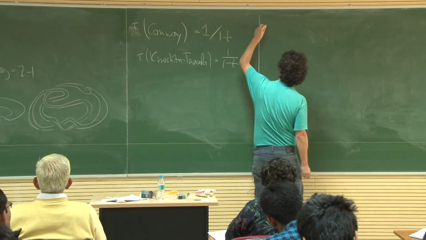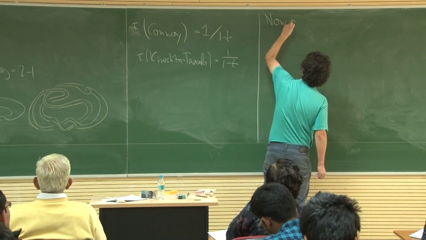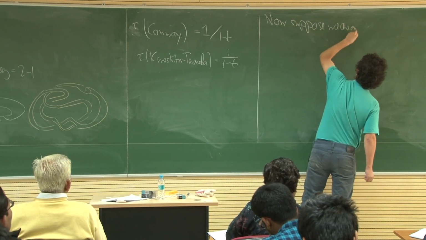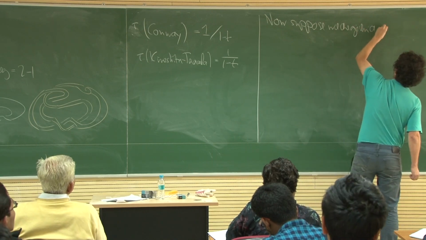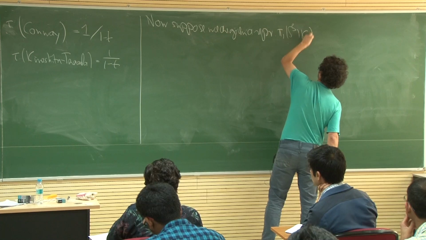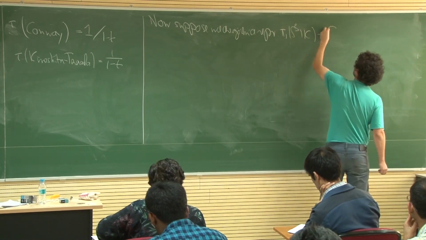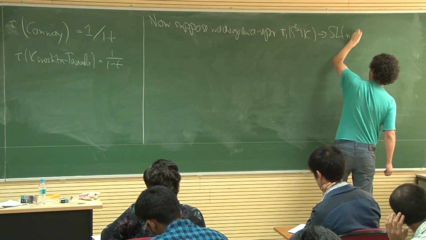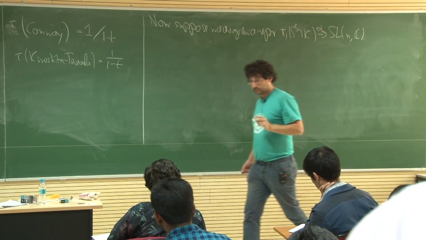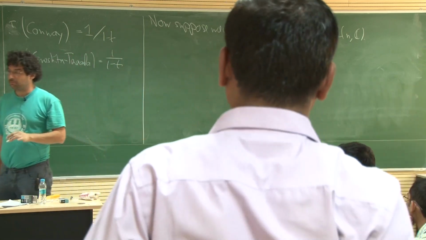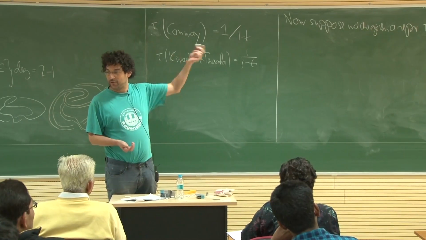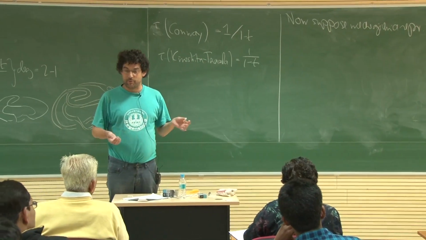Okay, so now suppose we are given a representation of pi 1 of S3 minus K to, let's say, SL_n C. So let's just say you're lucky, and somewhere in the streets you found a representation into SL_n C of your knot group, and then we can see what we can do with it.